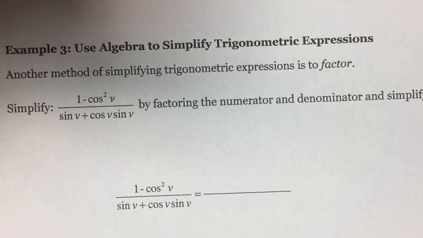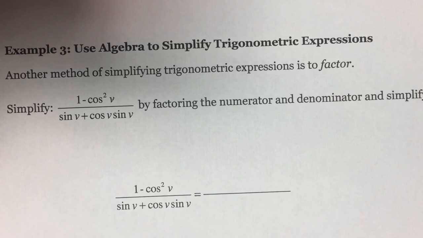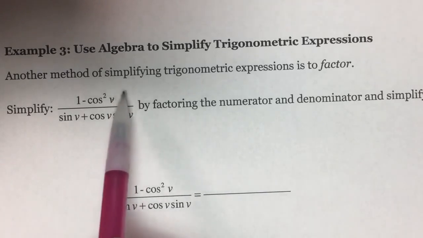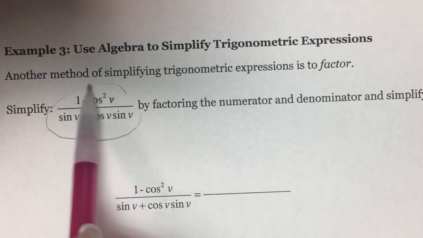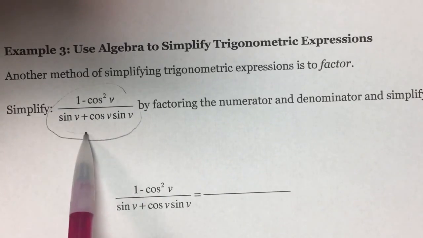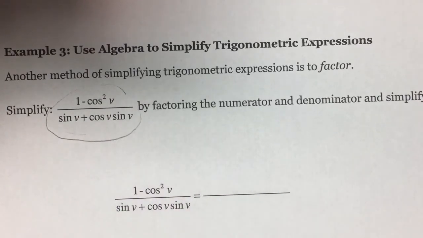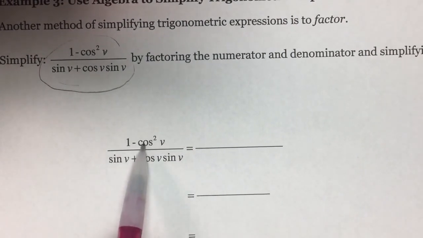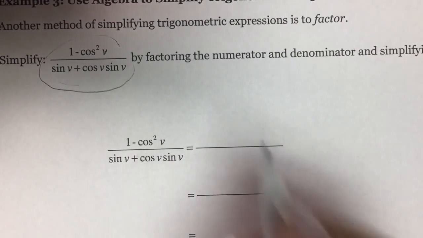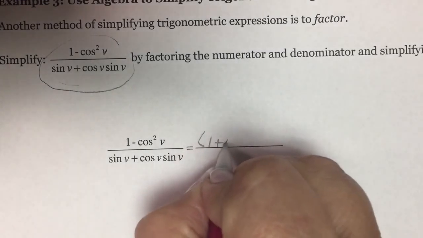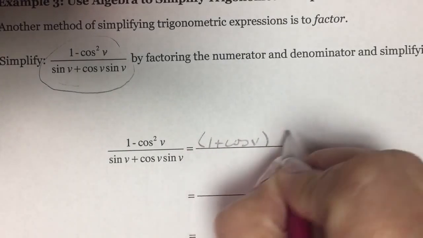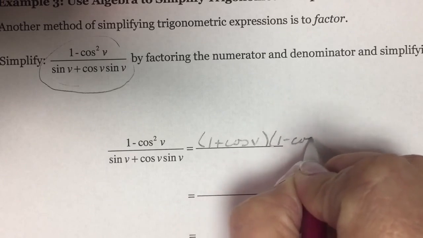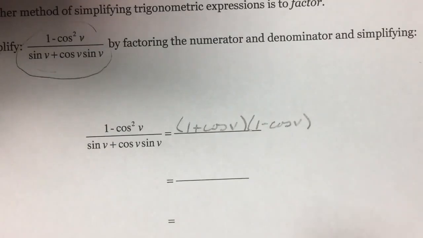So another strategy that you're going to want to use is to factor something that can be factored. So for example, if we're looking to simplify this trig expression, you'll notice that I can do some factoring on both the top and the bottom. The top is a difference of squares. So that would be 1 plus cosine v times 1 minus cosine v.